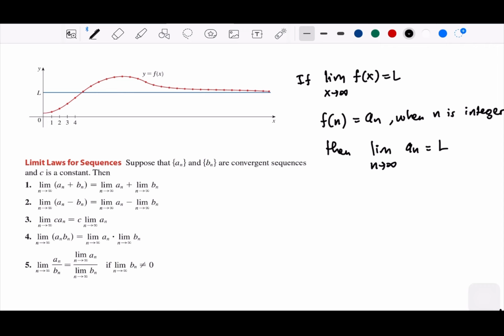They are all applicable, okay? So we can take the plus and subtractions. We have a multiplication with a constant. We multiply it inside the limit, and we can separate them. And we can define the quotient, and we need to make sure that the limit for the denominator is not equal to 0.